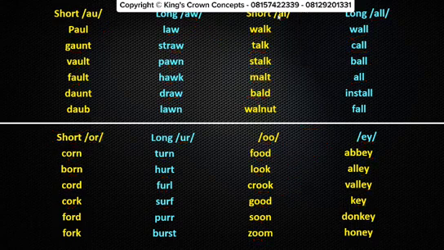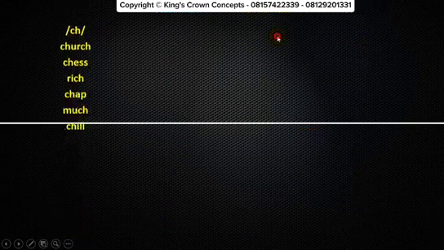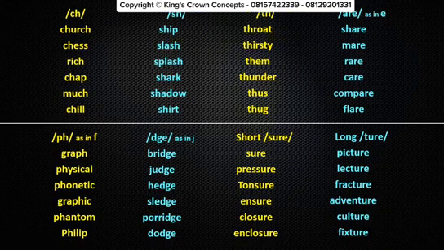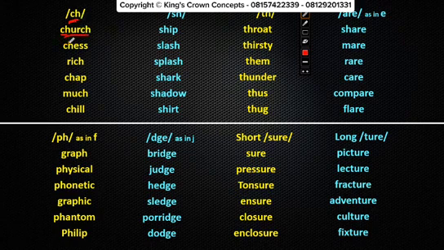Now the next set of phonograms. We have ch as in church. You have chess, reach. You have sh as in sheep, slash, splash. We have th as in throat, thirsty, them.